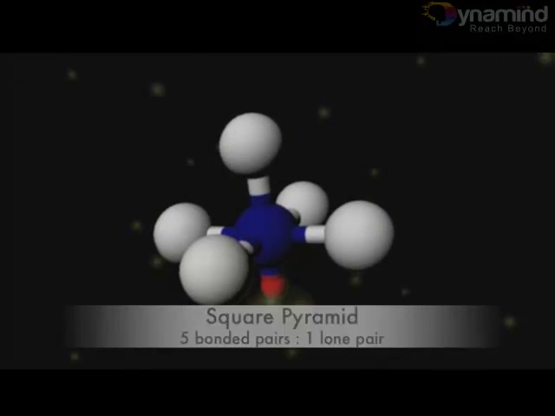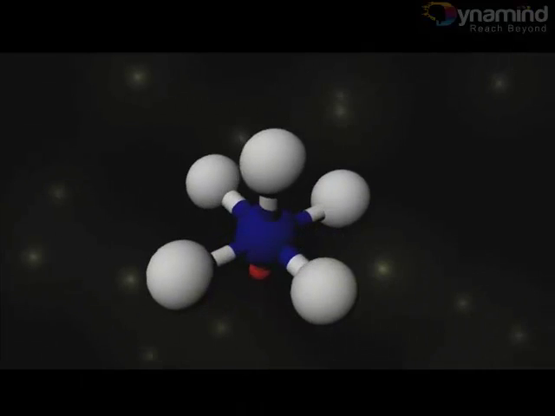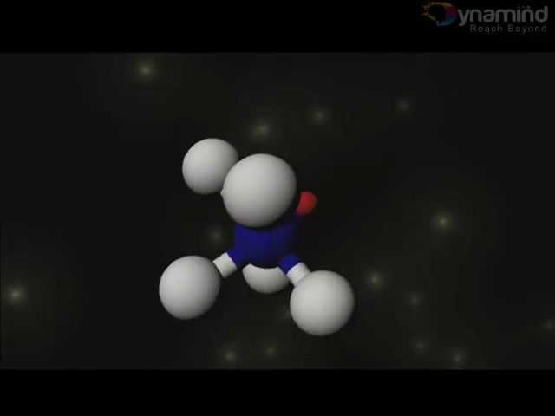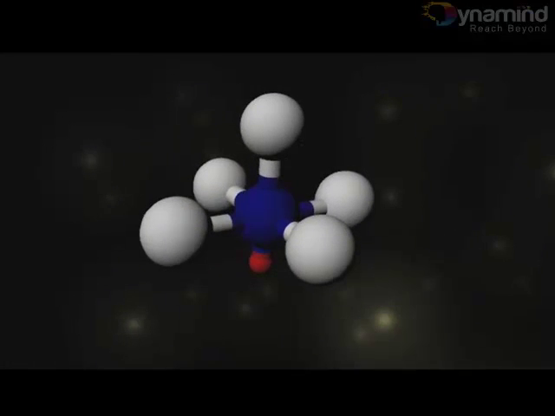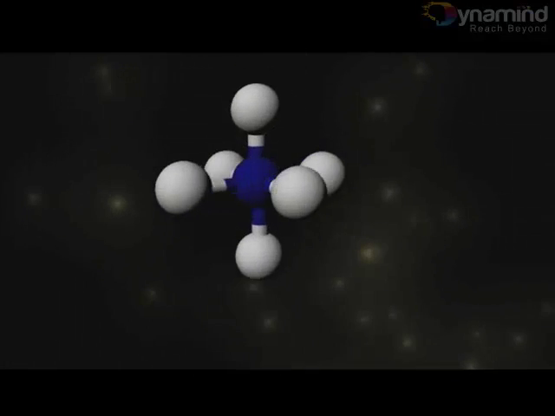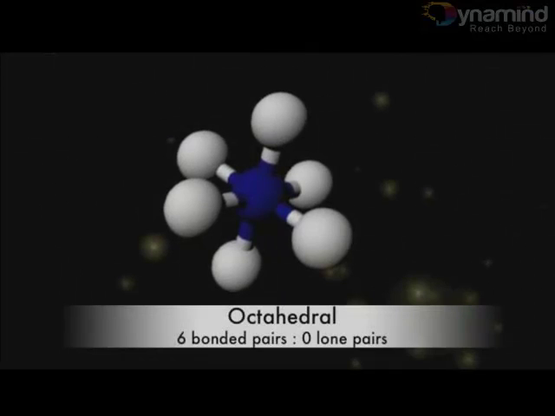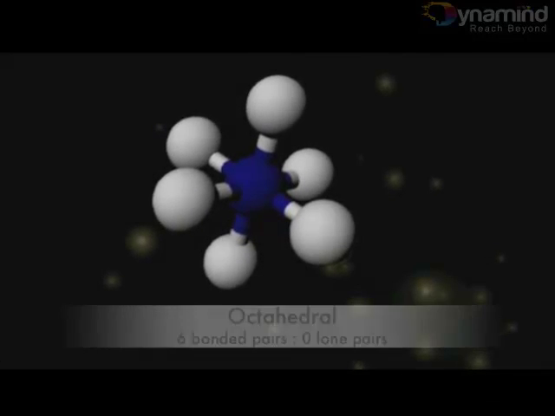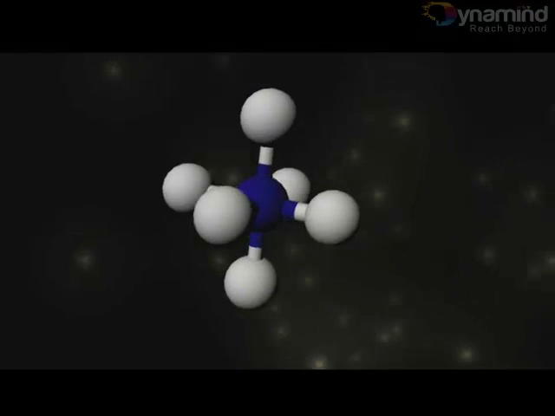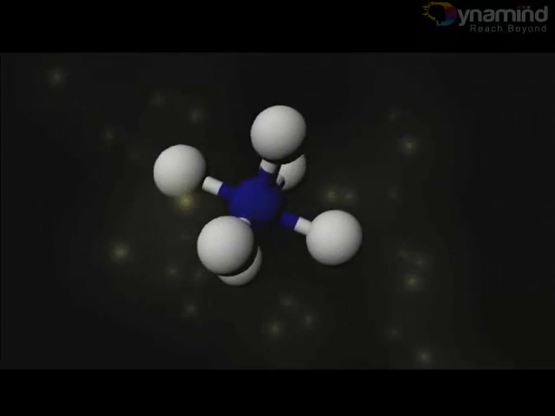And now if you make one of these a lone pair, it will become square pyramid, 5 bonded pairs and 1 lone pair. This mental picture is very important along with your memorizing the thing. Now it is octahedral, 6 bonded pairs, no lone pairs.